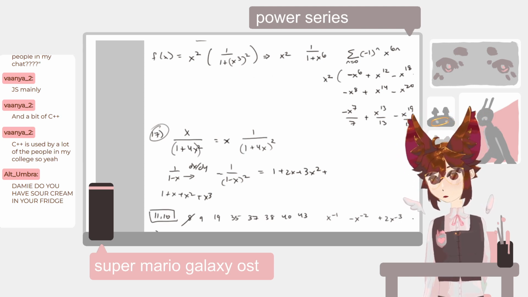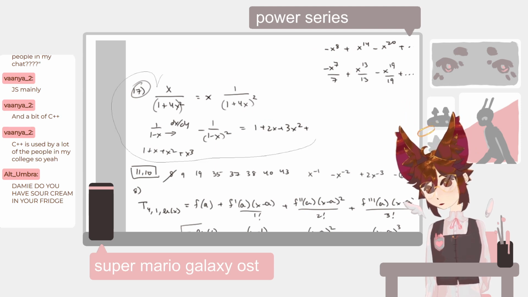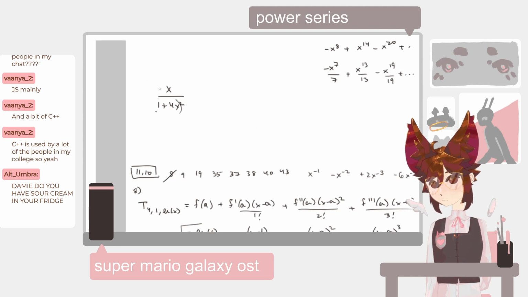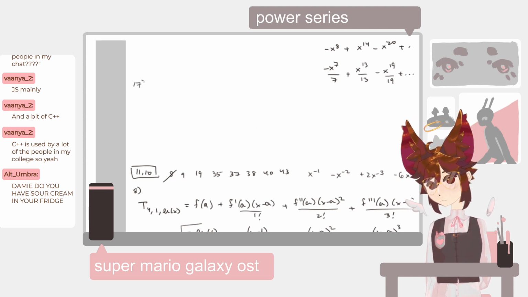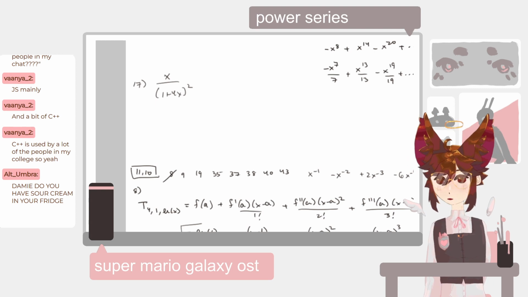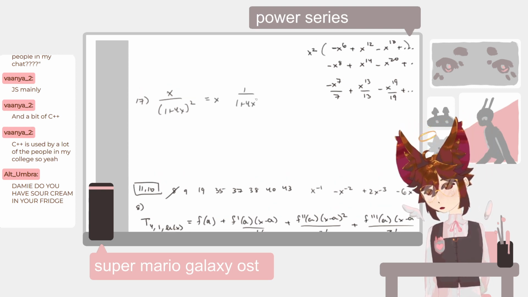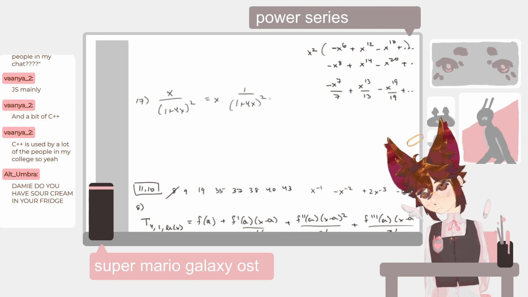It's probably an integration thing, which I really don't feel like doing, but we're gonna try it. Let me rewrite it. Clean slate. Let's see if I can remember it. 1 plus 4x squared. So, okay. Clearly this is the right step to take. Right, bringing the x down.